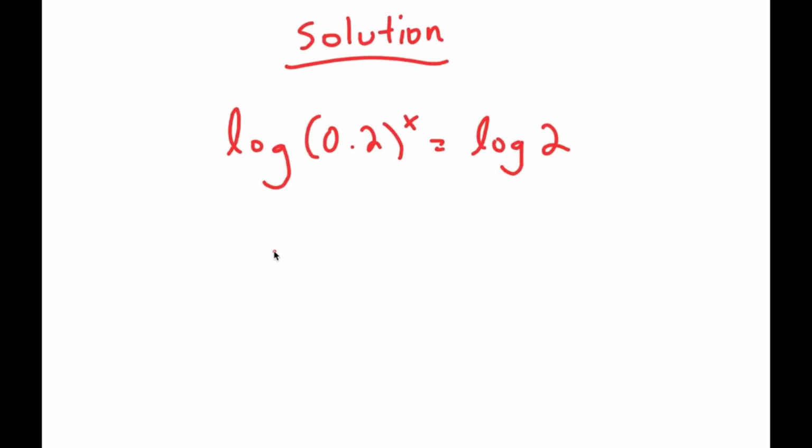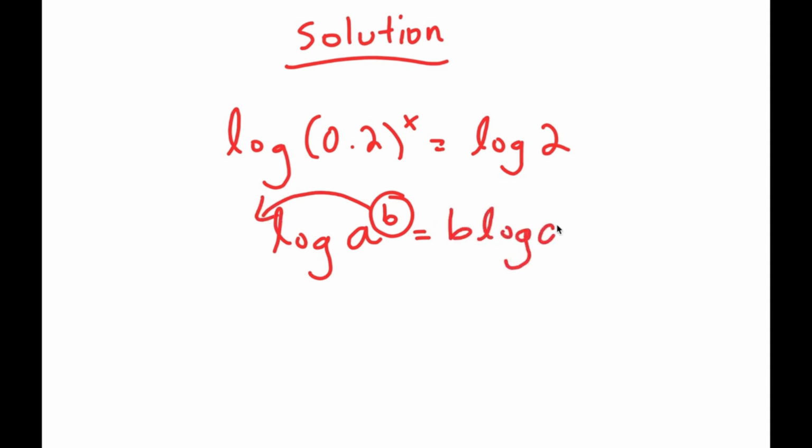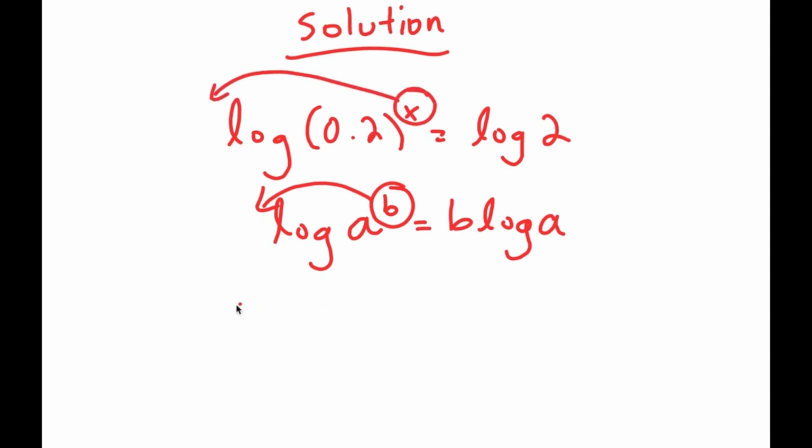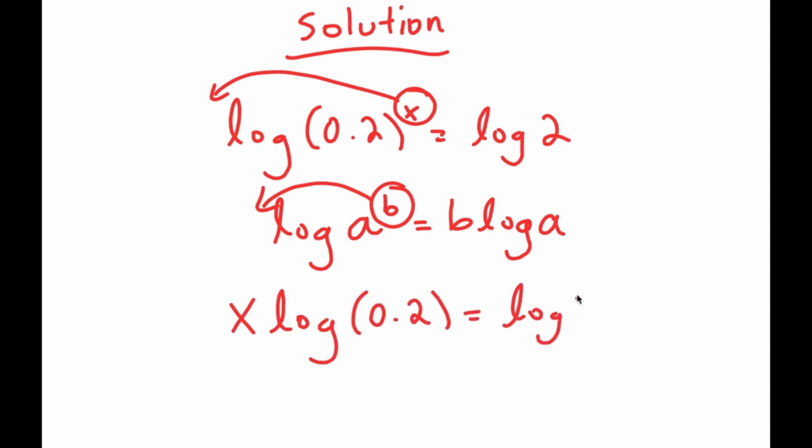Now, if I have something in the form log of a to the power of b, I can move this exponent b to the front. So this turns into b times log a. Now I have log 0.2 to the power of x, and I can move x to the front. So this turns into x times log of 0.2 is equal to log of 2.